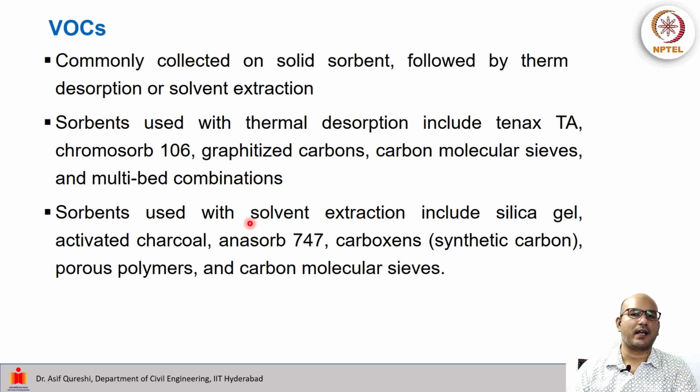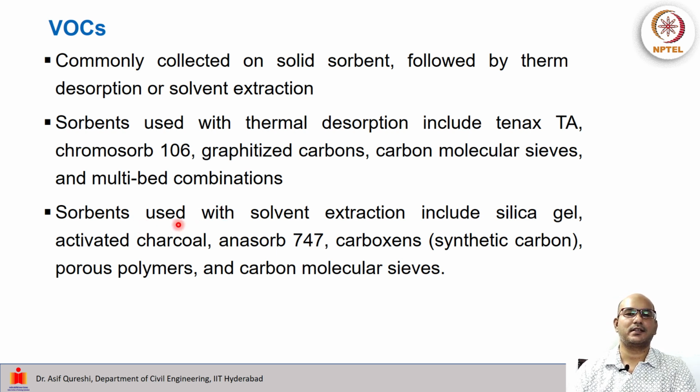In solvent extraction, we have the sorbent which has collected, adsorbed the VOC, and then we pass solvent through that sorbent, and the VOC will get extracted. This extract can then be analyzed with another method.